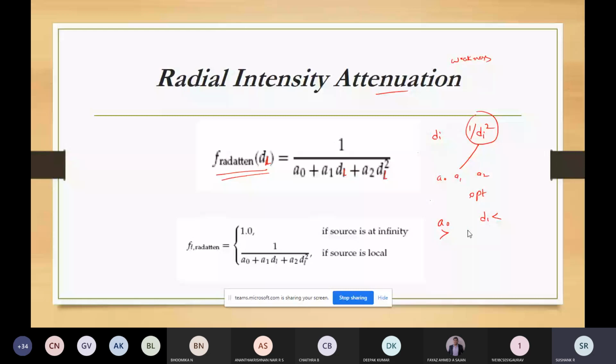When dl is small, 1 by a small value will increase, since it is inversely proportional. So when dl is very small, you can increase a naught so that this value will be under control, and you prevent f radial attenuation from becoming very large.